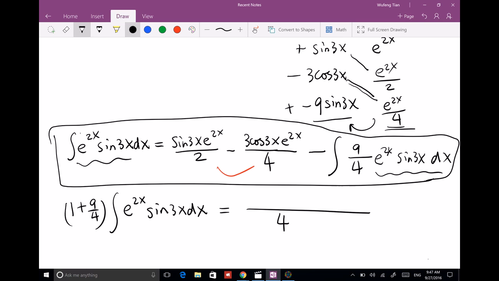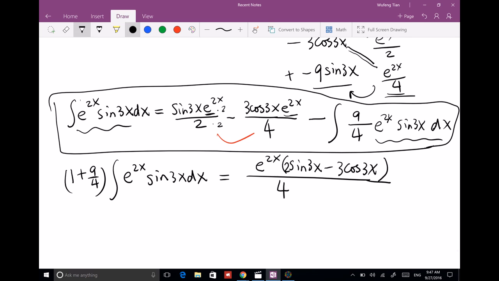You have e to 2x as a common factor, so e to 2x factor out, and 2 sine 3x minus 3 cosine 3x. Just the factor e to 2x out, because it's the common factor here. Multiply the top and the bottom by 2, both of them. So I have 4. Okay, so just combine those together in one fraction.